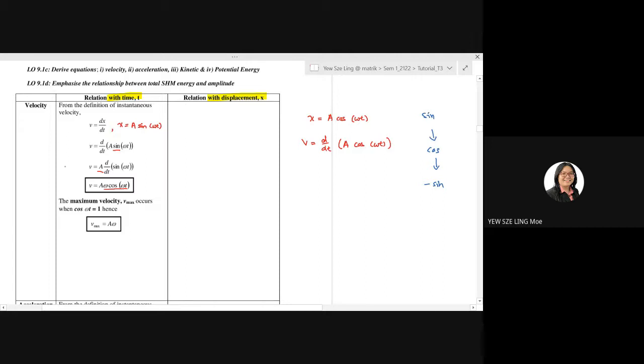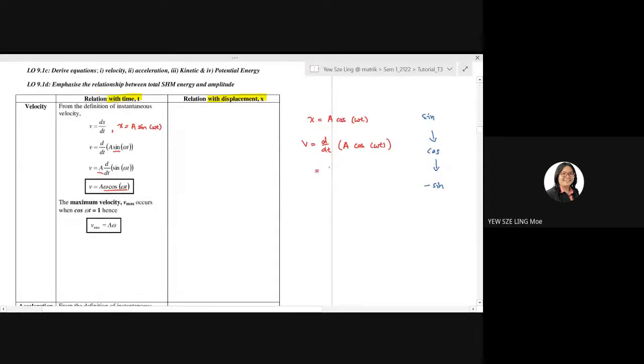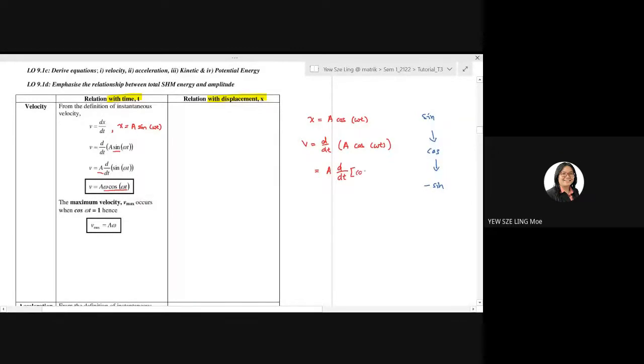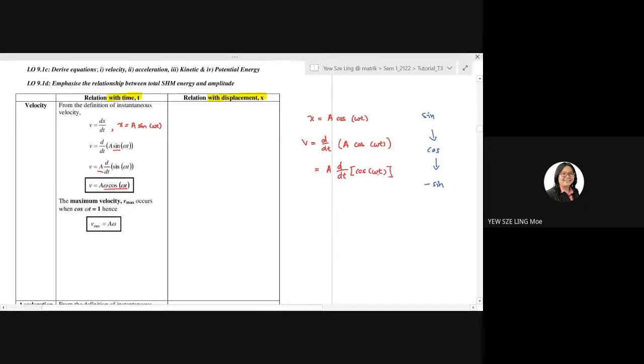If you are given x in terms of cos, let us look at the equations on the right-hand side. x equals A cos omega t. v is then d over dt of A cos omega t. Again, you differentiate with respect to time, so we can take A out first because A has nothing to do with time. Differentiate cos, it will give you negative sine.